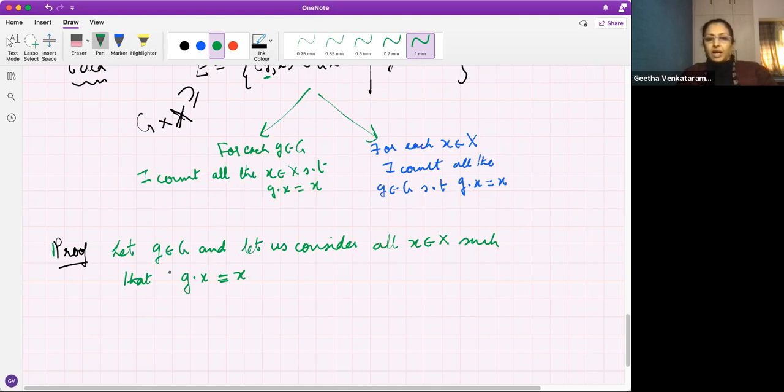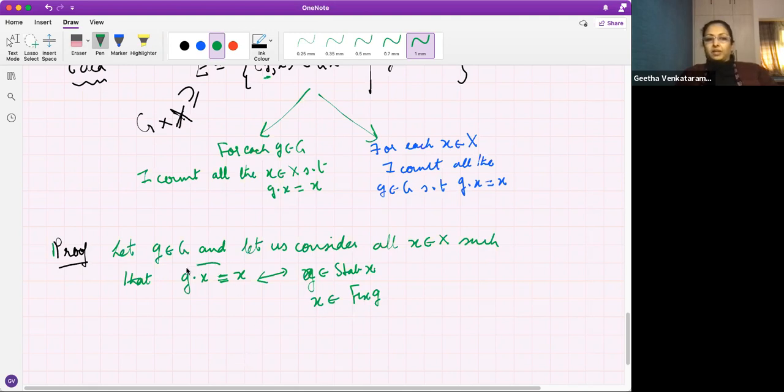If you examine this, g dot x equals x is the same as saying that g belongs to the stabilizer of x, and this is also the same as saying that x belongs to fix of g.